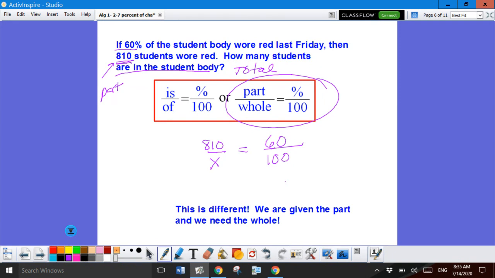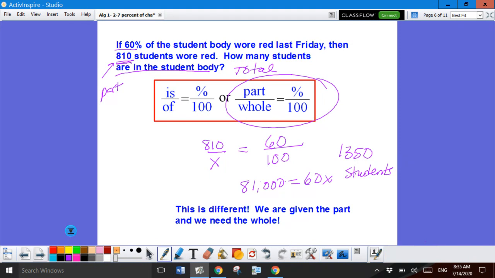So solving this, if I take 810 times 100, I come up with 81,000. And I have 60x, dividing by 60, I come up with 1,350. Okay, 1,350 students.